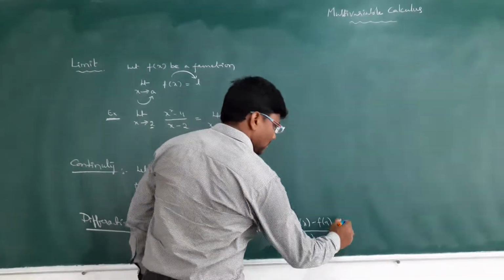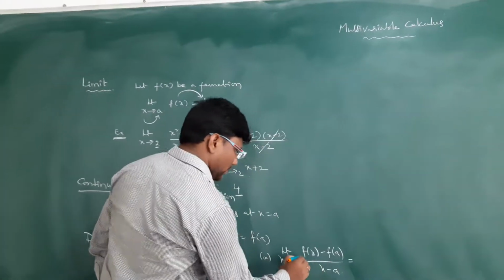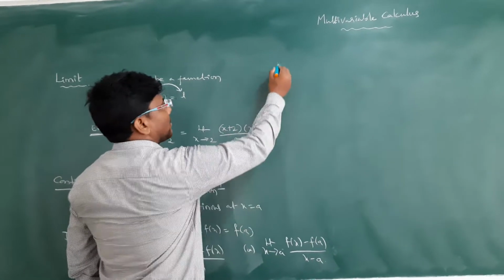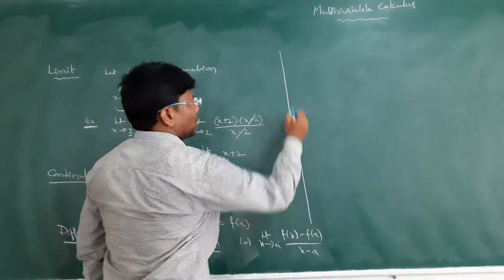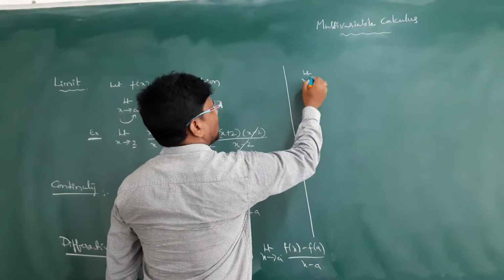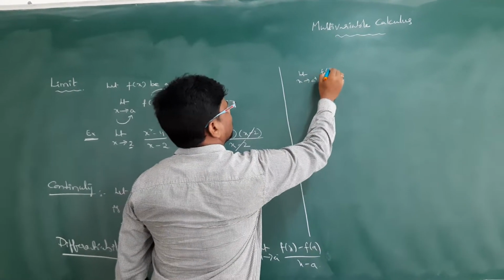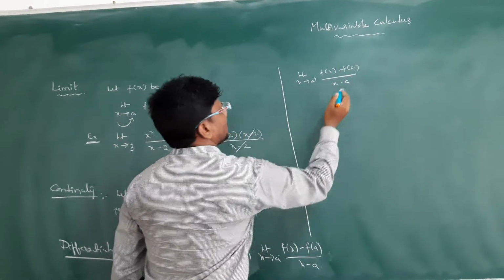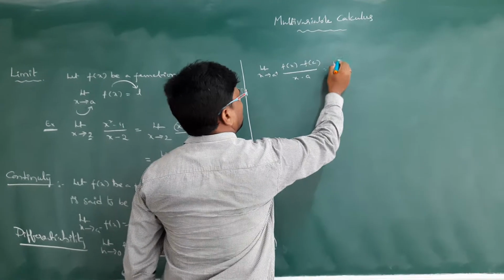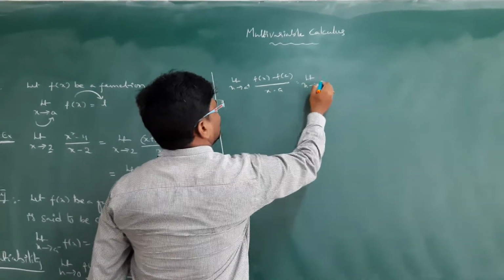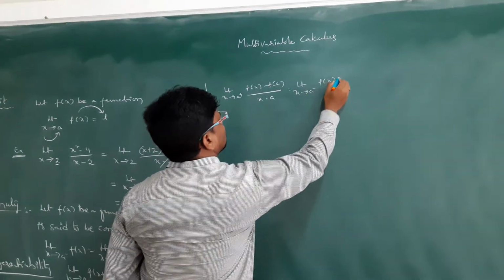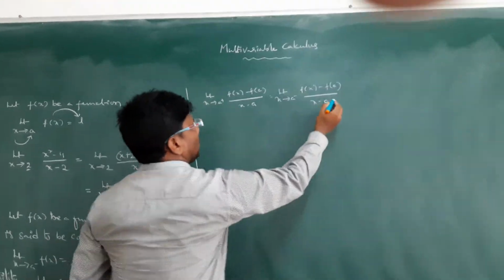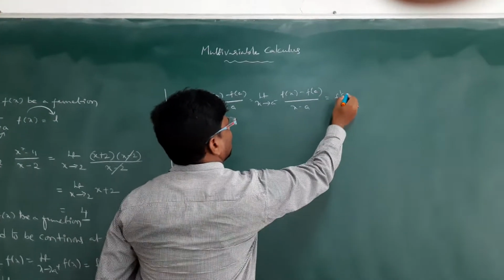Right hand limit: limit x tends to a plus of f of x minus f of a by x minus a is equal to limit x tends to a minus of f of x minus f of a by x minus a is equal to f dash of a.